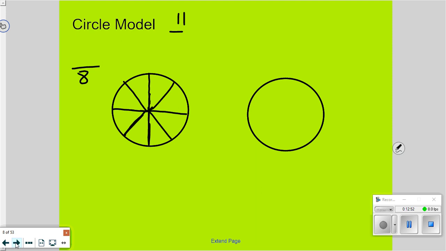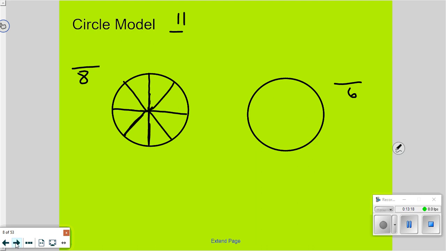Now this is where it gets tricky. 6. Because a lot of you will go, oh, I'll just split it in half, and then I'll just make an X. That was a really terrible X. They will not be equal sized. So it's much harder to get them equal sized.